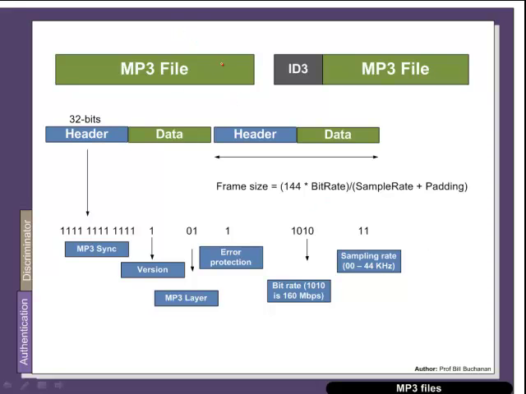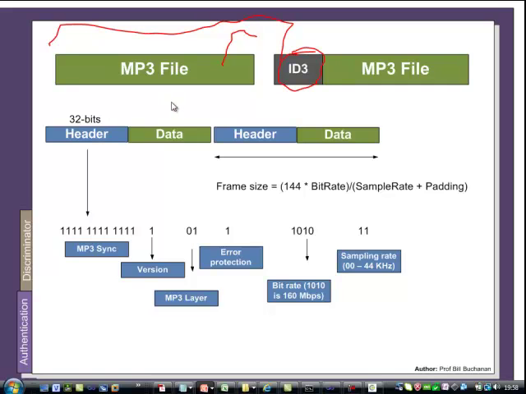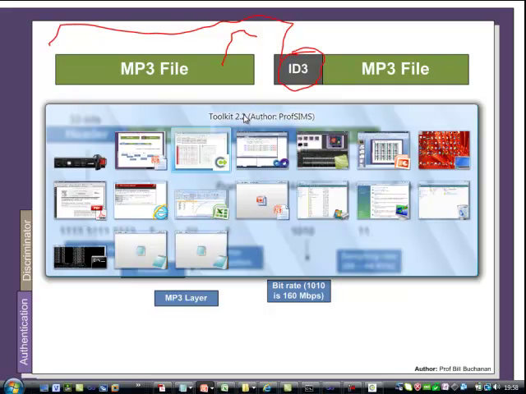The other file that we're going to have a look at is MP3. So MP3 either has an ID3 header or it could be a core MPEG file. Okay, so let's have a little look at a sample.